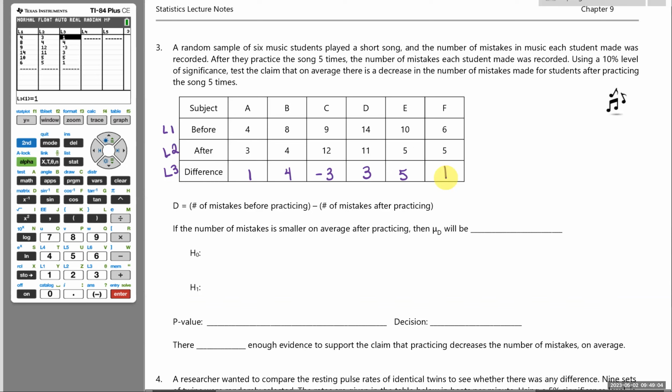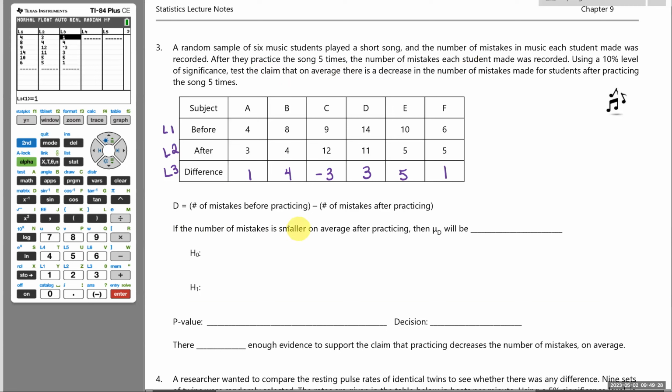All right. So with matched pairs, we have to do a little bit more thinking in terms of writing our hypotheses. So if our difference is the number of mistakes before minus the number of mistakes they made after practicing, so our claim is that there's a decrease in the number of mistakes.